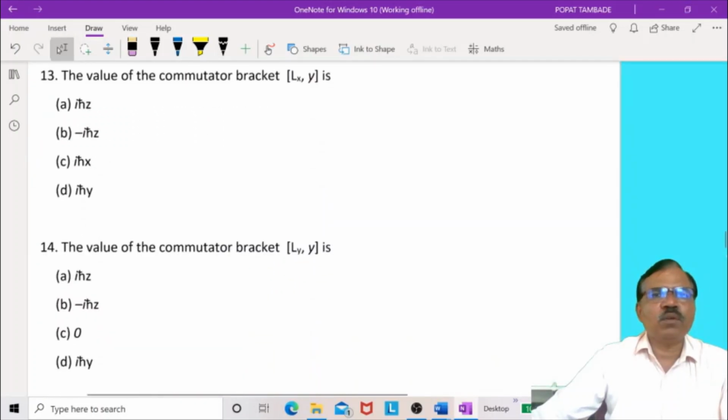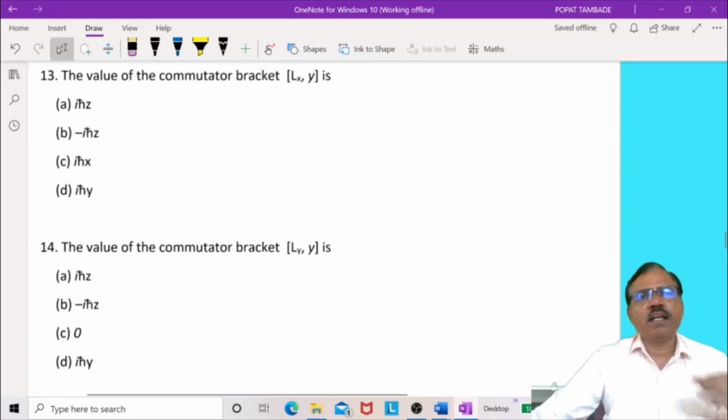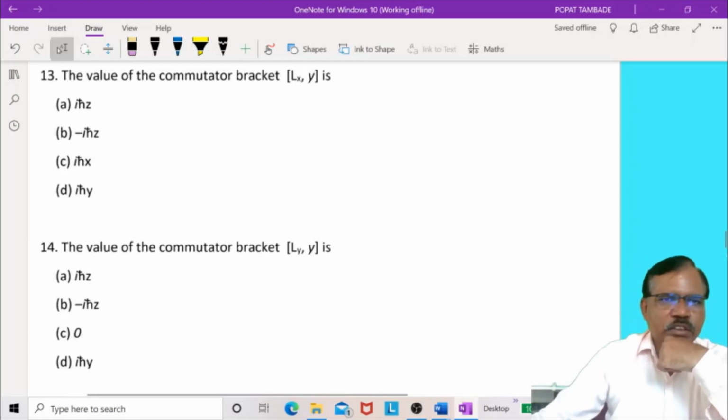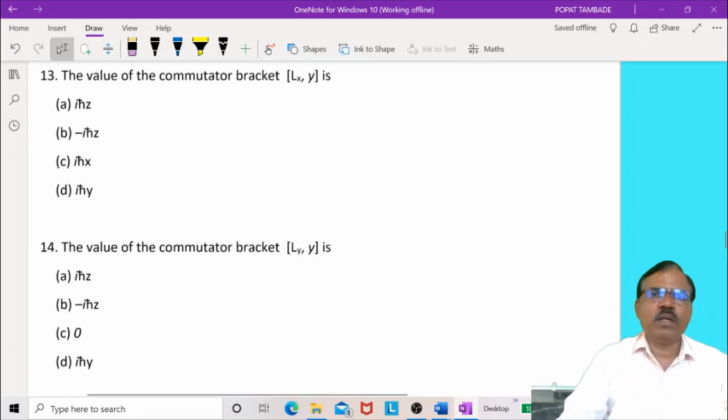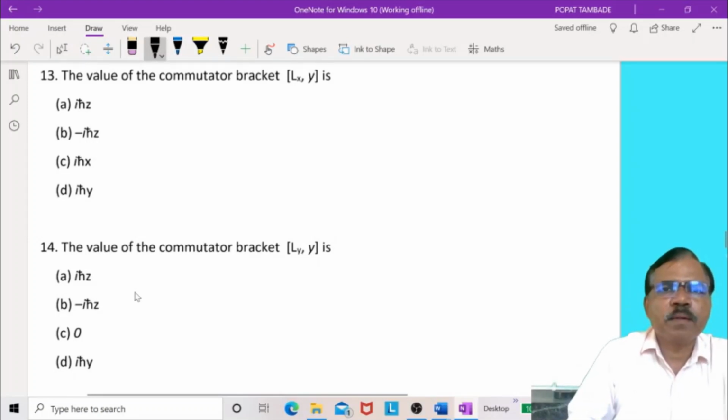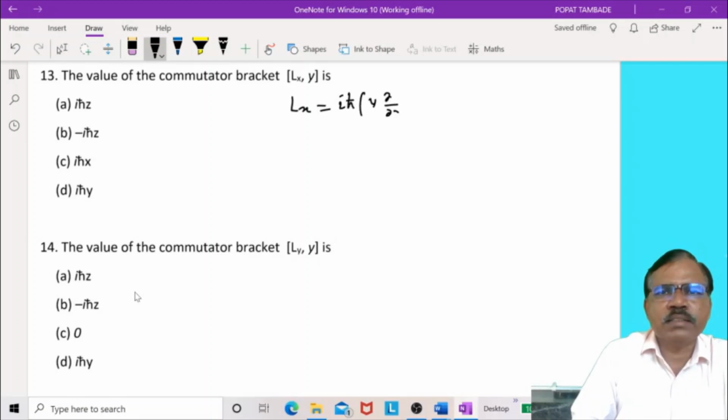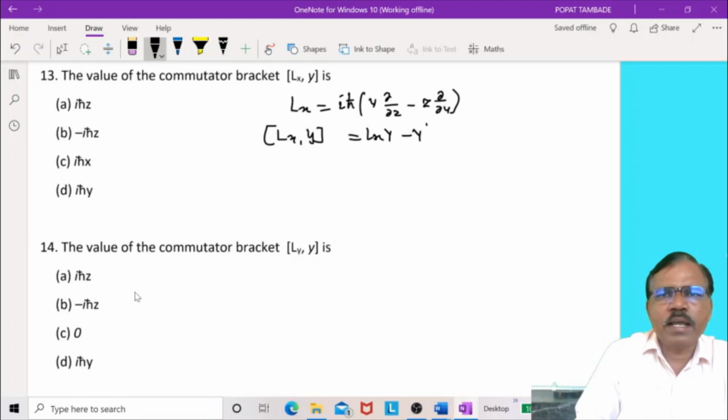The value of the commutator bracket Lx comma y is. Now Lx we know is equal to iħ (y ∂/∂z minus z ∂/∂y). So the commutator Lx comma y is Lx y minus y Lx. We have to solve this.